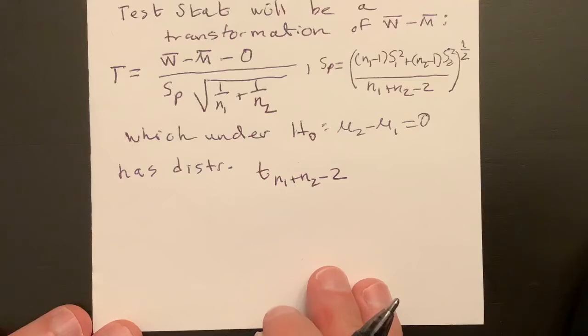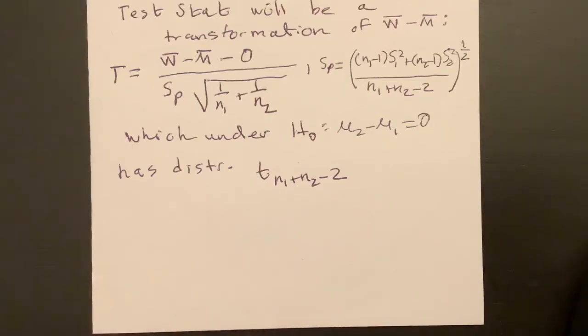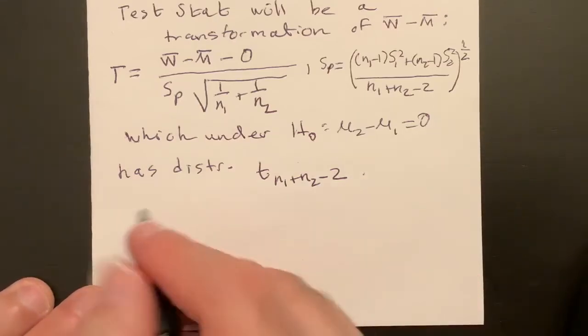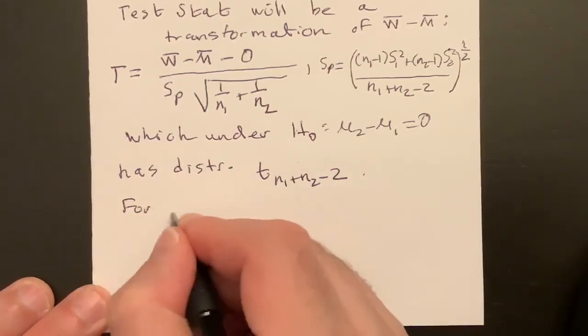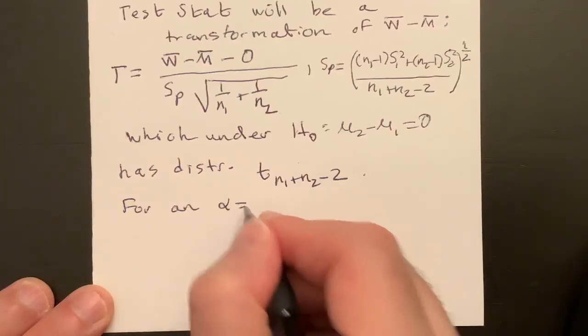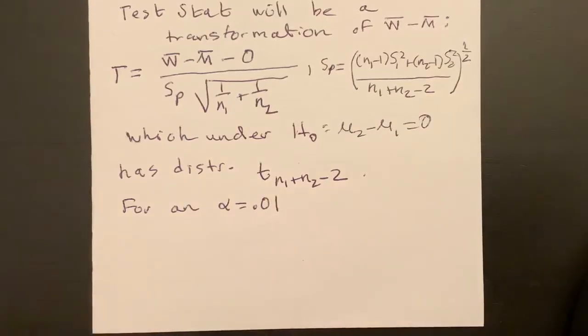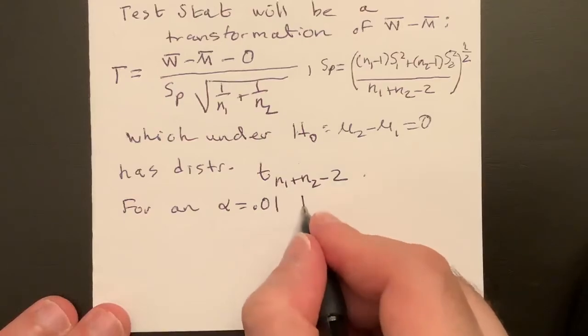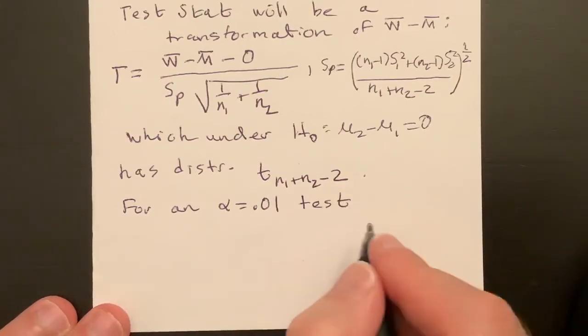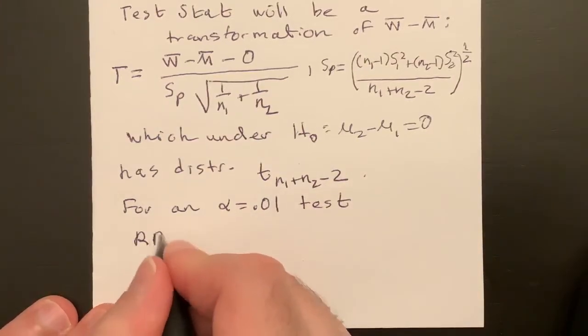All right, so given this, what should the rejection region be? To make an alpha test, let's make alpha equal 0.01 this time. We require a rejection region.